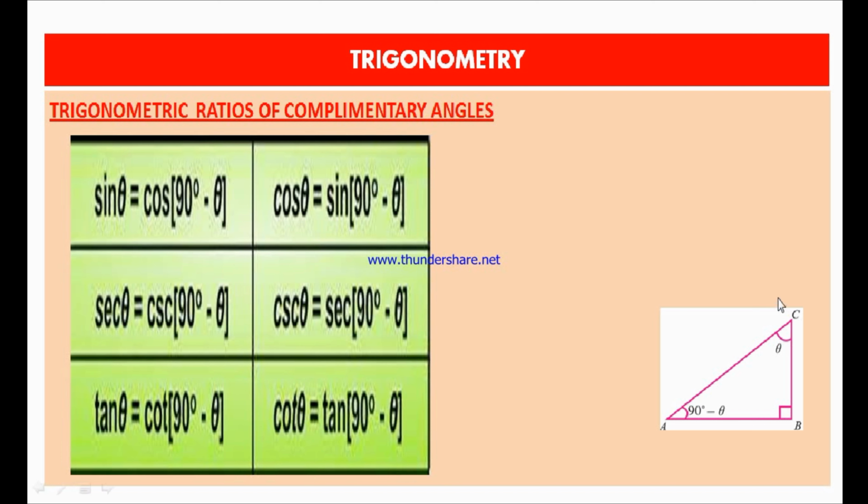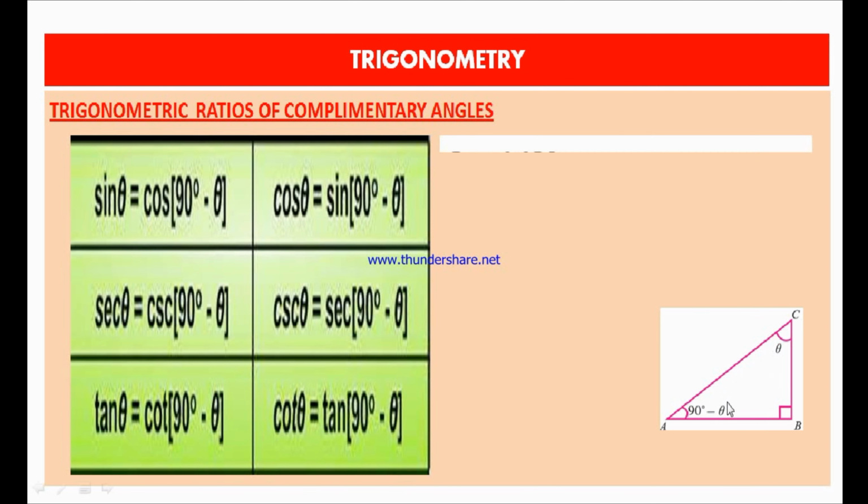If the angle at C is equal to theta, then the third angle should be 90 minus theta. Why? Because if angle B is equal to 90, the sum of the three angles is equal to 180. If the sum of the three angles is equal to 180 and one angle is equal to 90, then the sum of the other two should also be 90. If this is theta, then the third angle should be 90 minus theta.